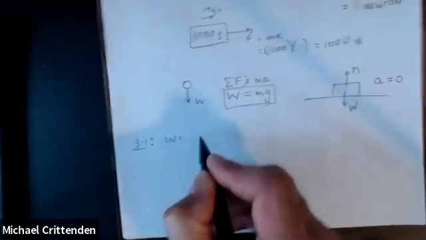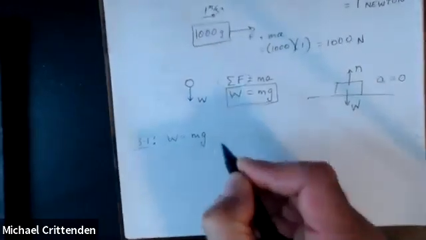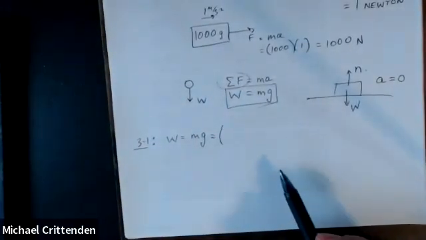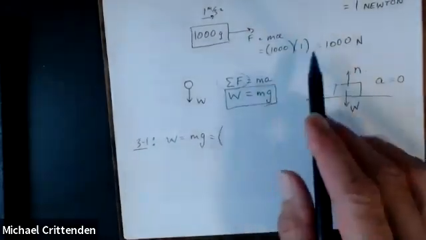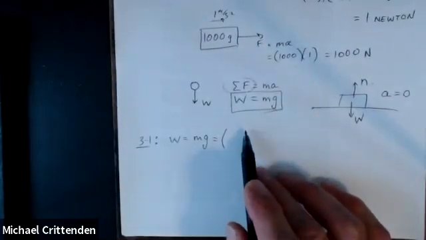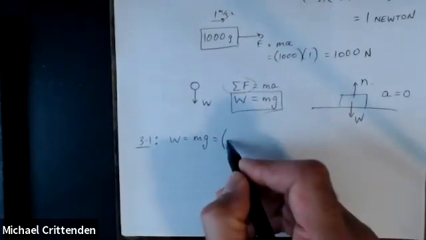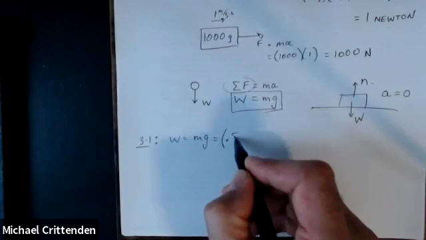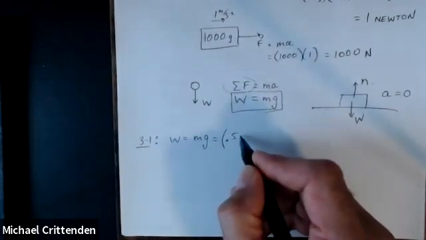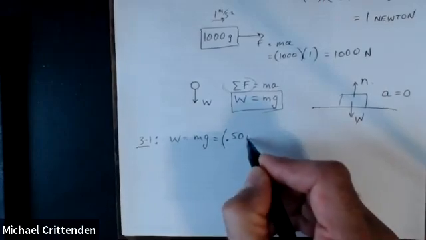Weight is equal to mass times gravity. So about the only trick in this is the grams versus kilograms thing that I was talking about up here. You don't want to put in 500 grams. You have to convert that to 0.50 of a kilogram.